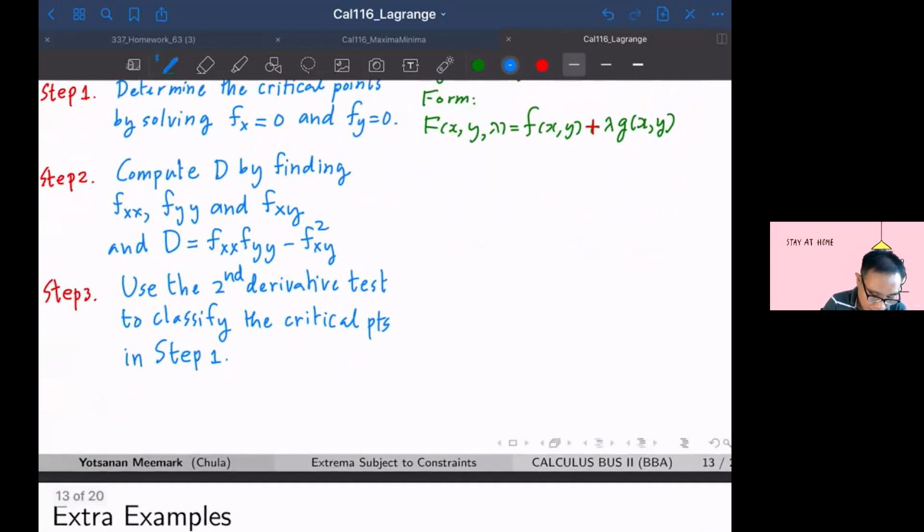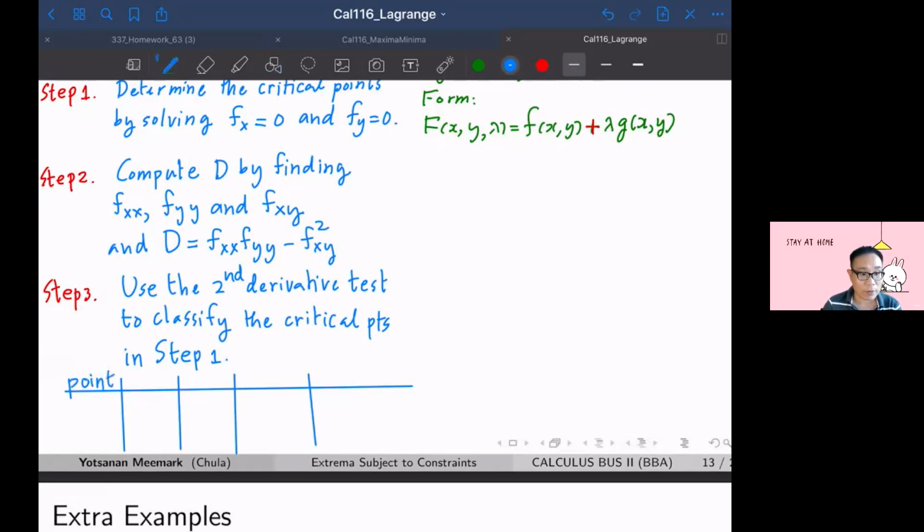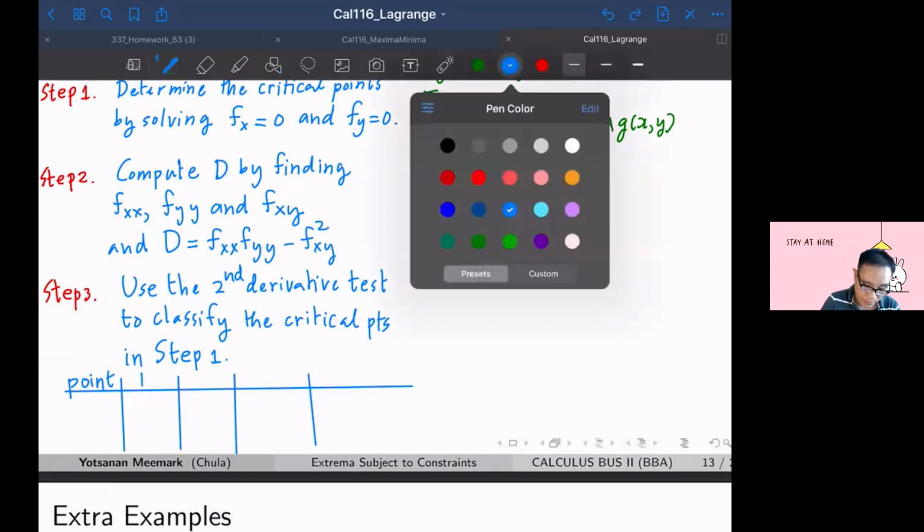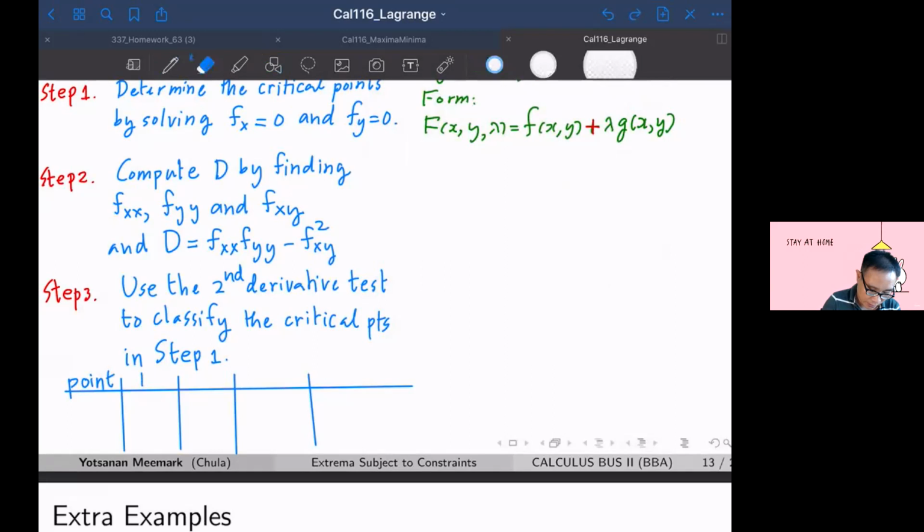So you're gonna have a table, okay? You're gonna have the critical point, you're gonna have D, you're gonna have fxx, you're gonna have the conclusion and the value. So you have the point, D, fxx, the conclusion, and the value.